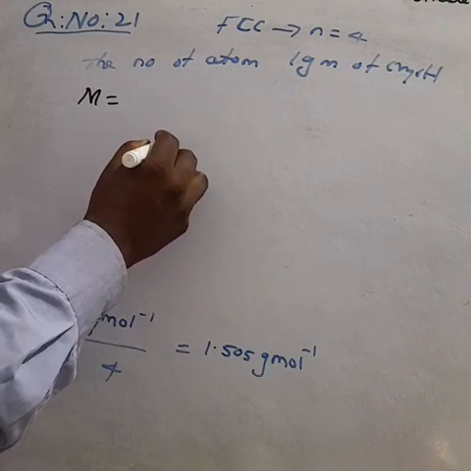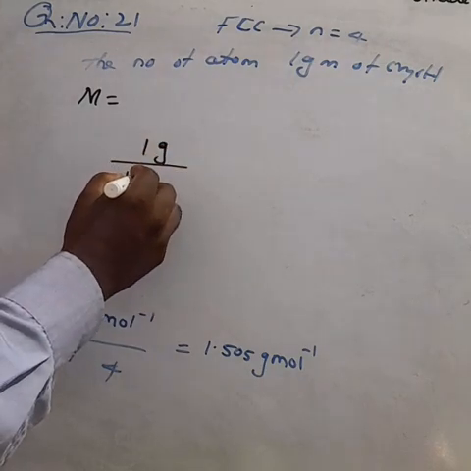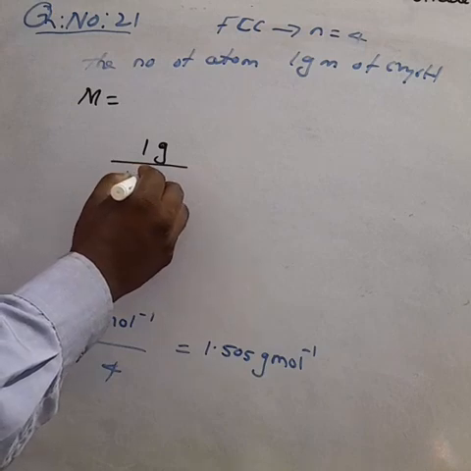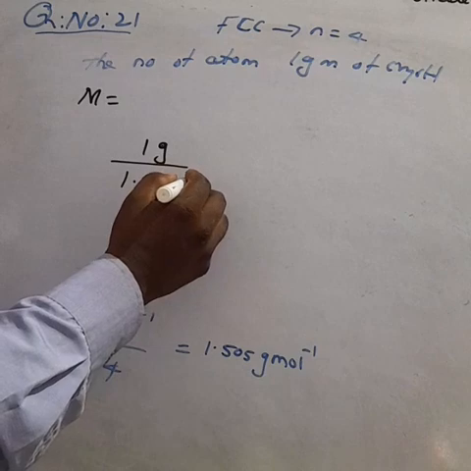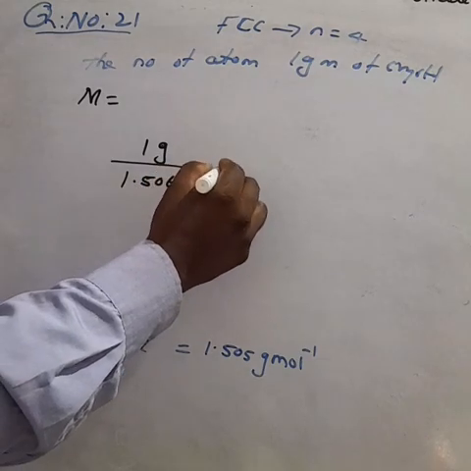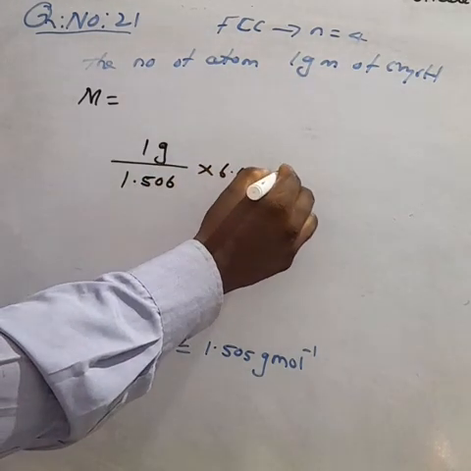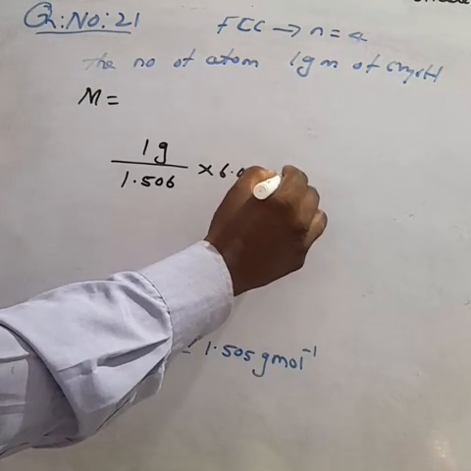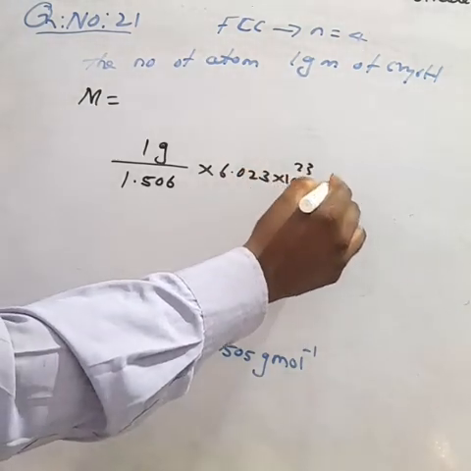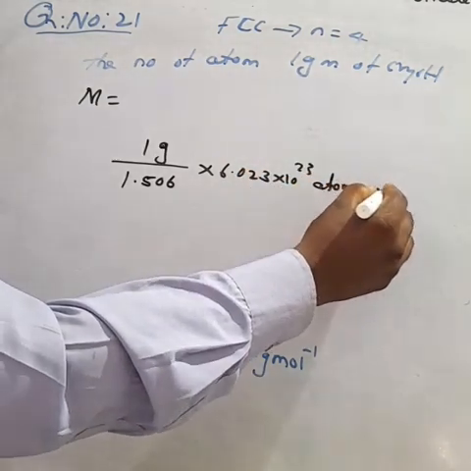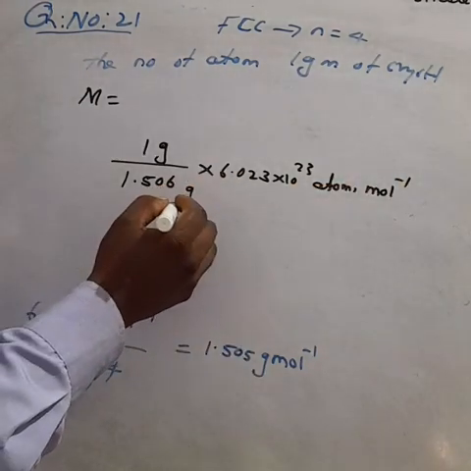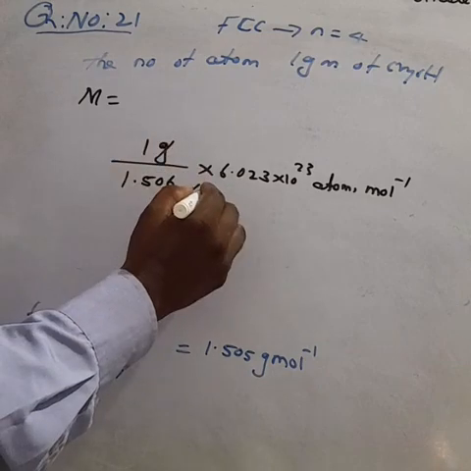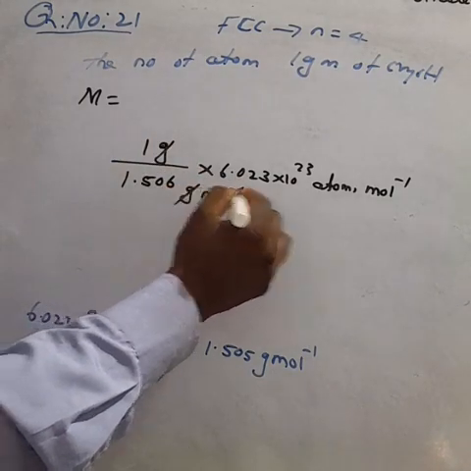So 1 gram divided by 1.506 into Avogadro number, 6.023 into 10 raised to 23 atoms mole inverse. So which can cancel here? Gram cancels. Mole minus 1, mole minus 1 can be cancelled.